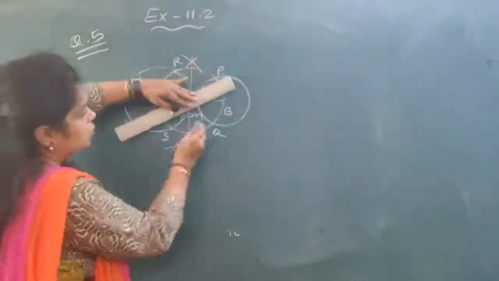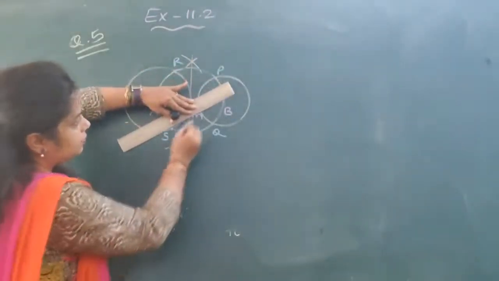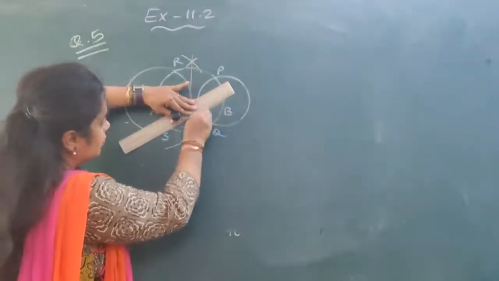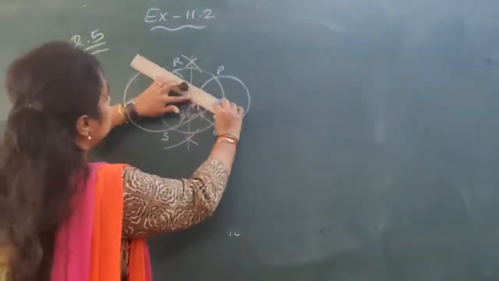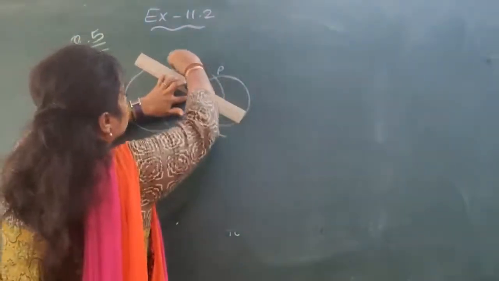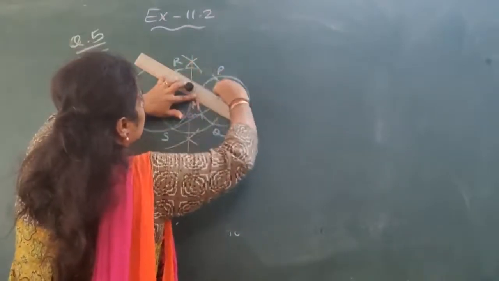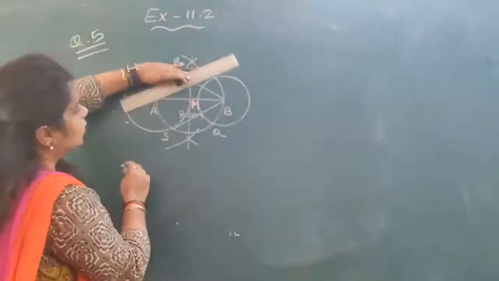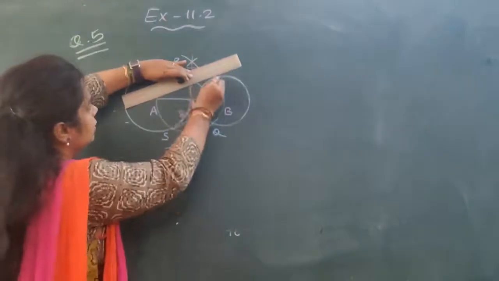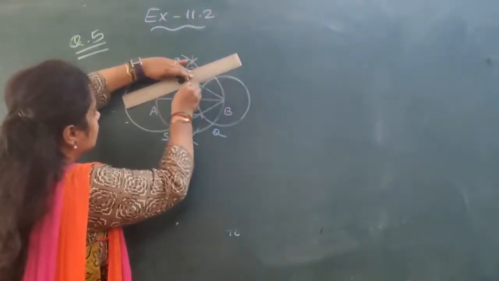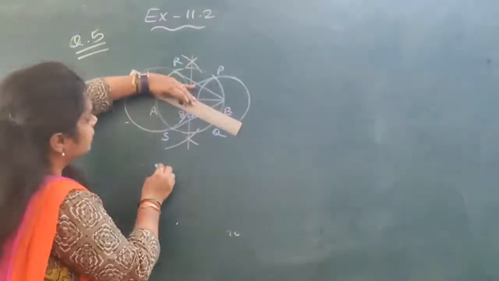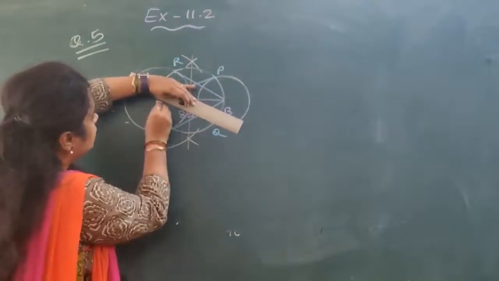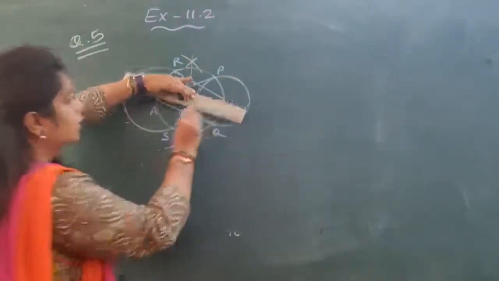Okay, now join BS. Similarly, join BR. Again, join AP and join AQ.